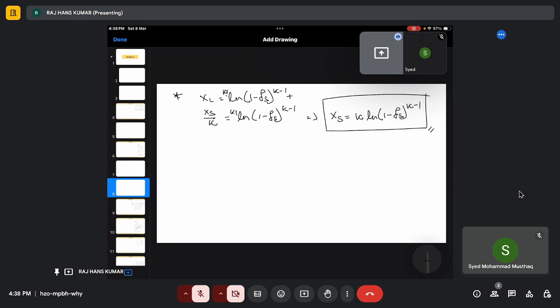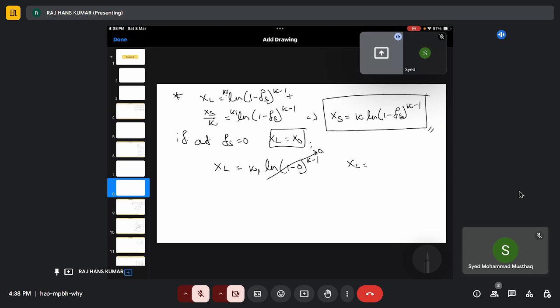Now if you substitute at Fs equals 0, XL equals X0, then XL will be equal to K1 ln 1 minus 0 upon K minus 1, so this will go away.